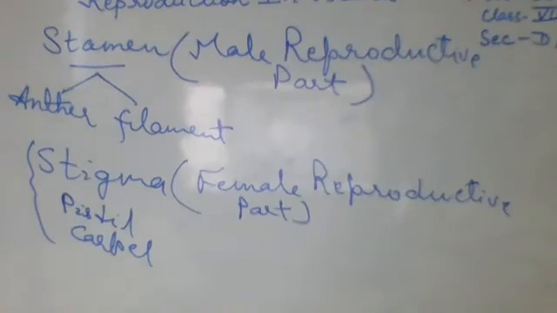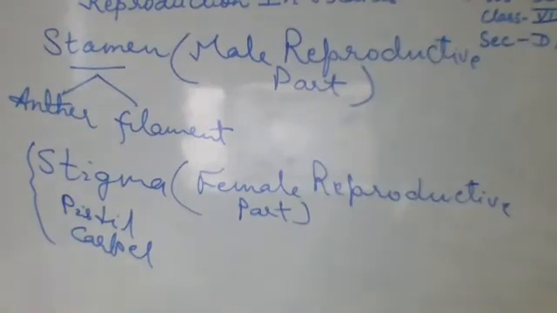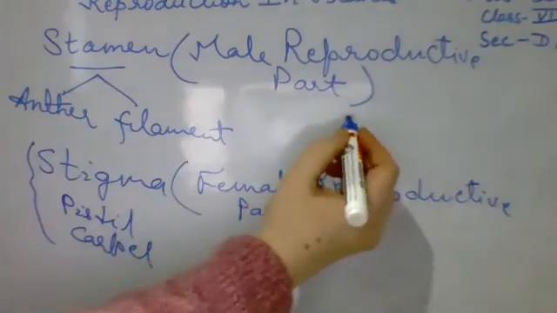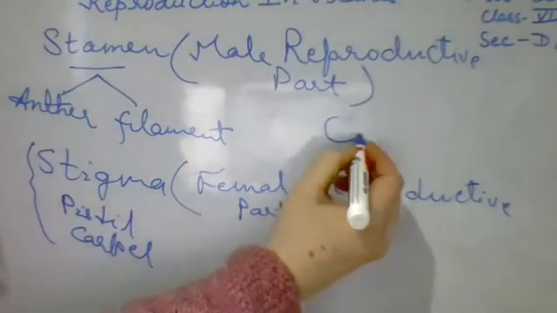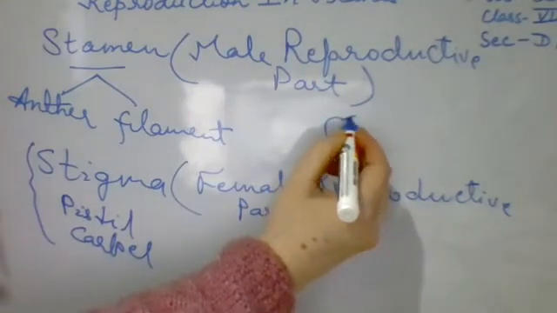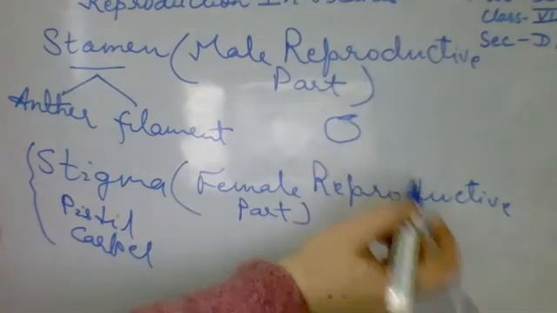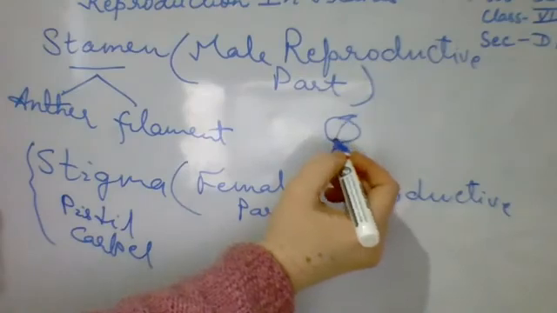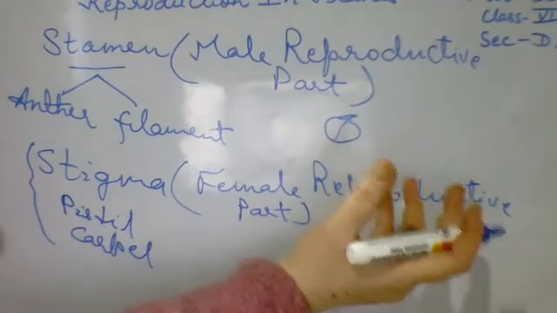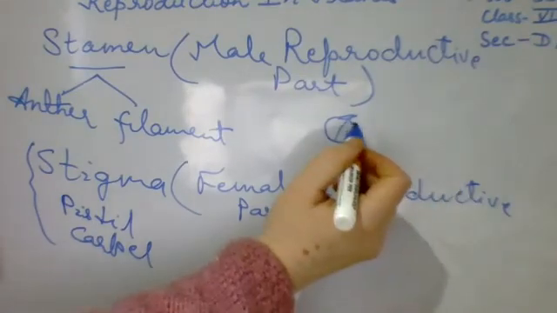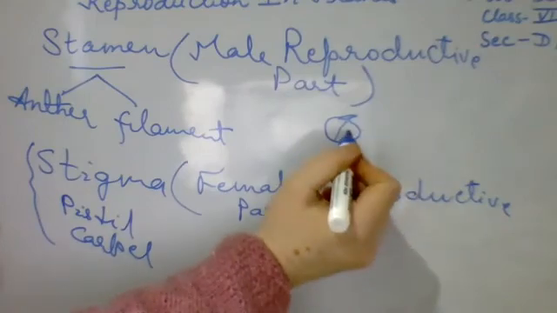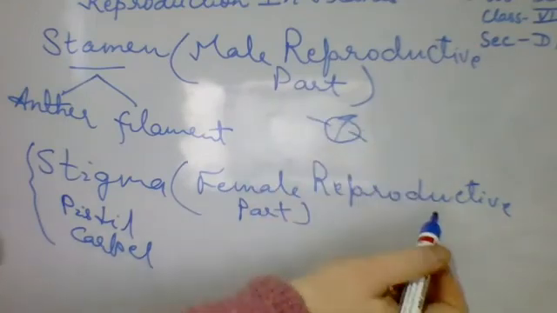You all are showing as if these words were not described in your class. सब describe हुआ है class में. ये आपका seed है. Seed has what? Stored food. Suppose this is your gram seed. Clear? When you soak this gram seed, you see that the skin comes out and these two parts get bifurcated.